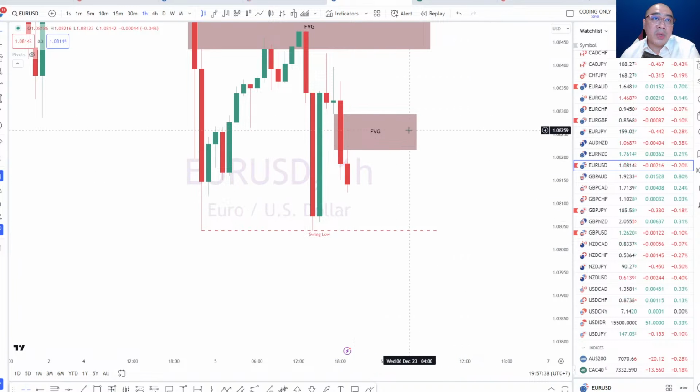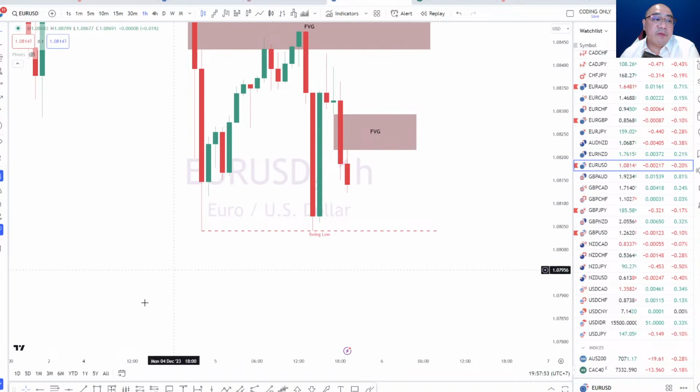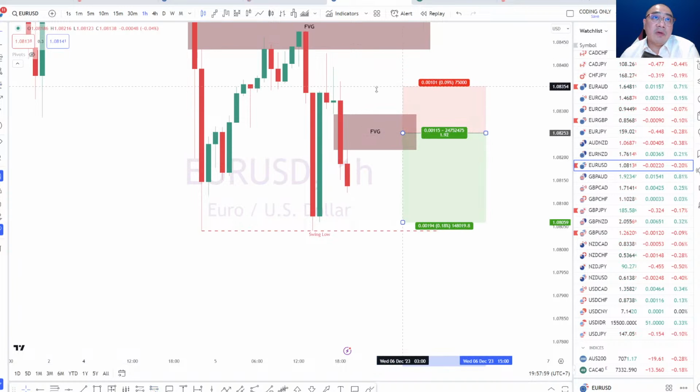The fair value gap that we just drew on the Euro USD is not an entry, because for this fair value gap to be an entry, we'd actually see price come back into that fair value gap, and if it fails, we can sell. All right, so this fair value gap is where we actually want to create our limit orders. I want to create a short at about 1.0825 and potentially have a stop loss just beyond the fair value gap.